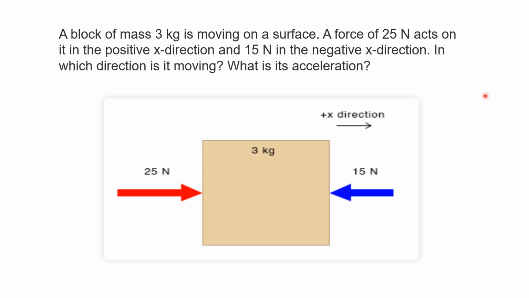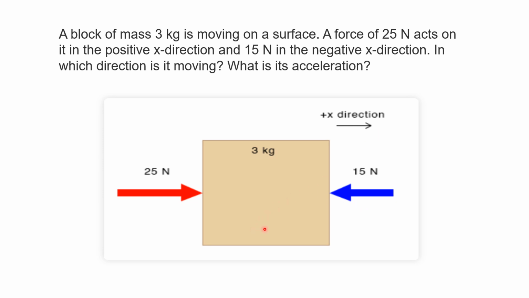Our second example is a block of mass 3 kilograms moving on a surface. A force of 25 newtons acts on it in the positive x direction, and a 15 newton force acts on it in the negative x direction. In which direction is this block moving?